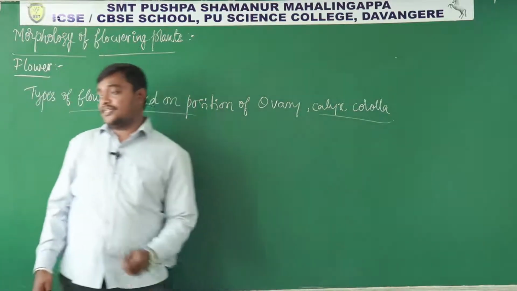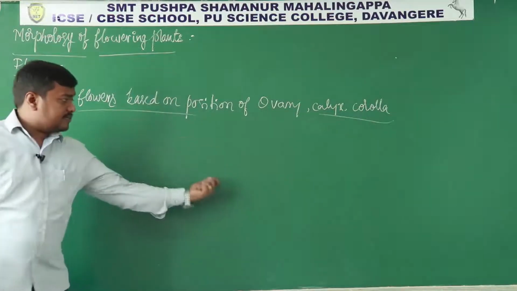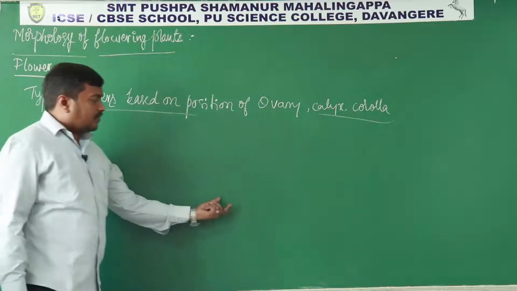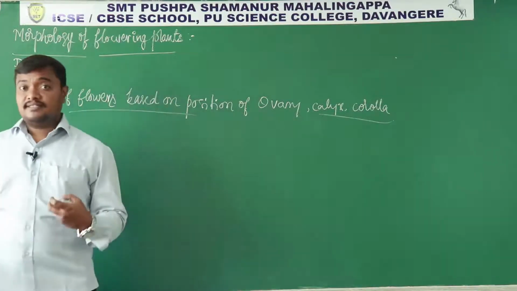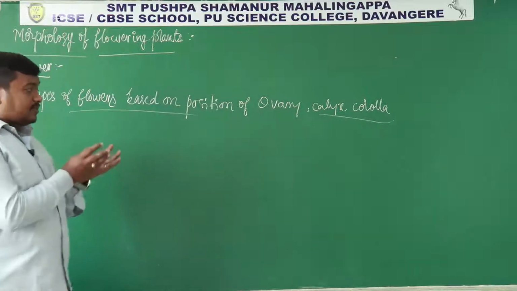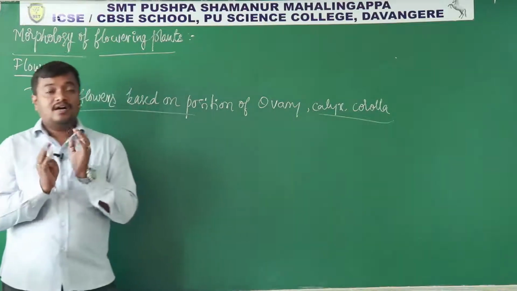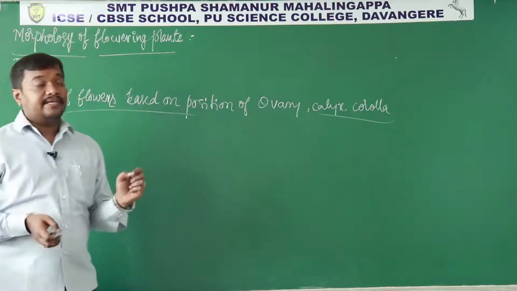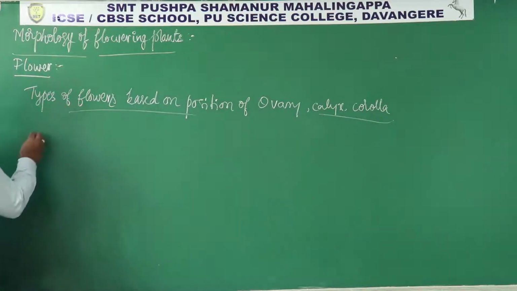Based on this position we have different types of flowers. As I discussed just now, on the thalamus floral appendages are present. That is one condition. Sometimes floral appendages like calyx and corolla are present at the rim of an ovary, or sometimes they are present at the tip of an ovary. So based on that we have three types of flowers.